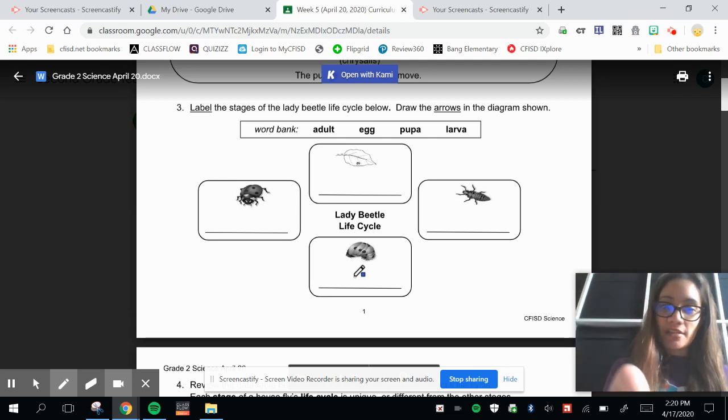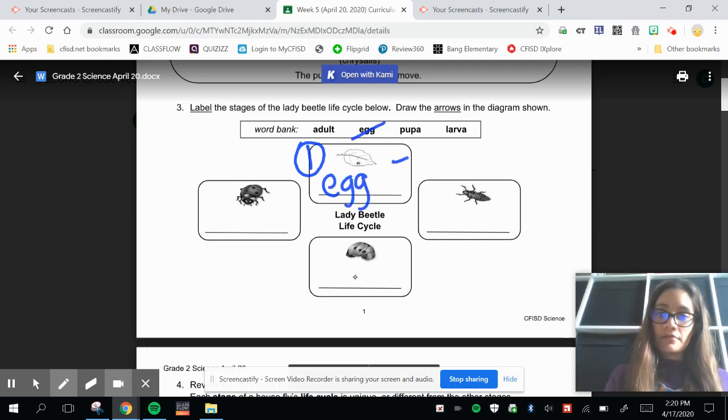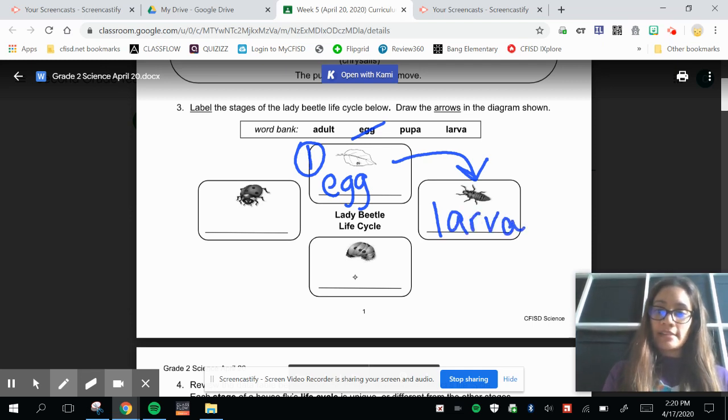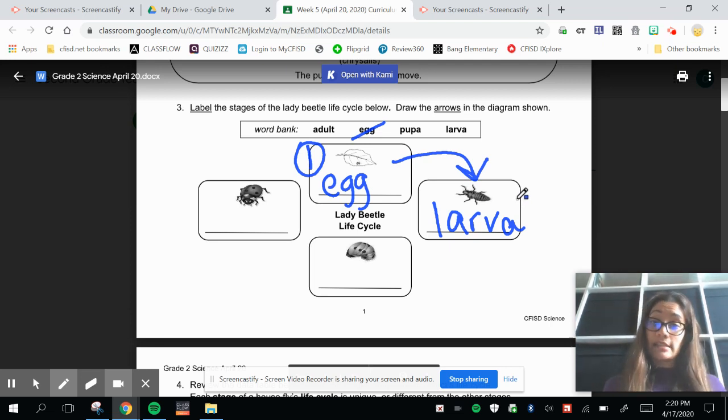It's not changing. Stage 1, egg. Then the arrow goes this way. That is a larva. Remember, larvas, they are able to move because you see there's legs and it's eating a lot.